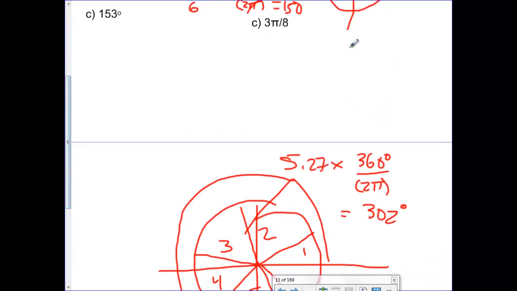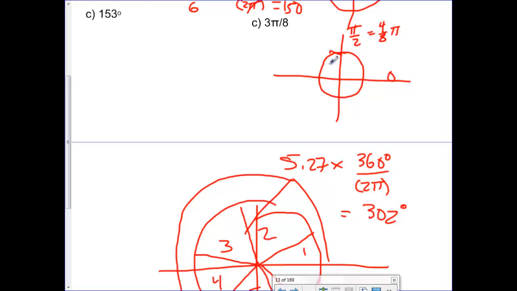Let me just do one more here. 3/8 of pi. So if I were to draw out a bit of a circle here, if this is 0, and that's half of pi, which would be 4/8, and this would be pi, which would be 8/8. 3/8 of pi should be somewhere in here.